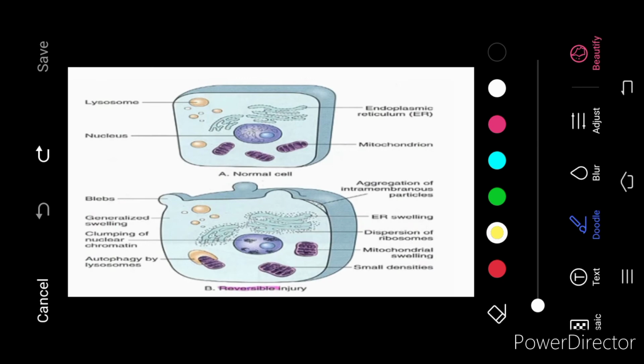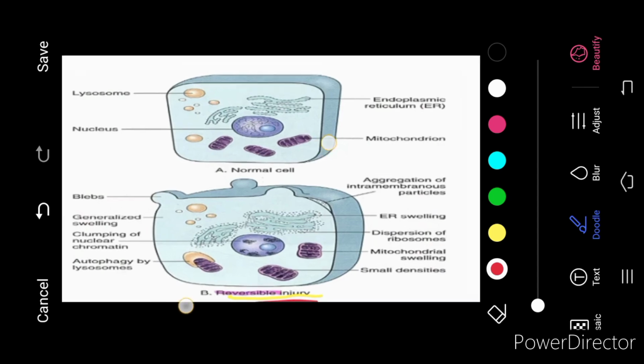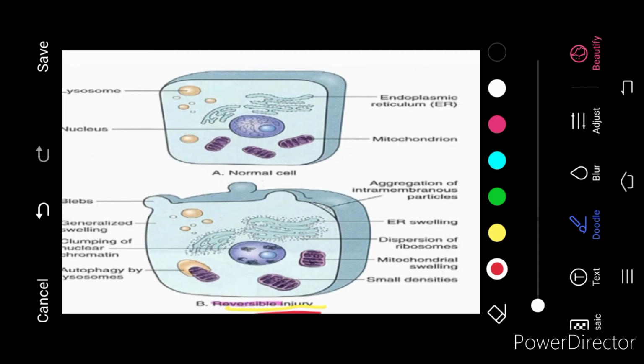So first, let's see the diagram of reversible cell injury and find out its characteristics from the exterior to the interior of the cell. So first, let's see its cell membrane. Here we can see that due to cellular swelling, the cell membrane is intact with the formation of blebs. Blebs are elevations.